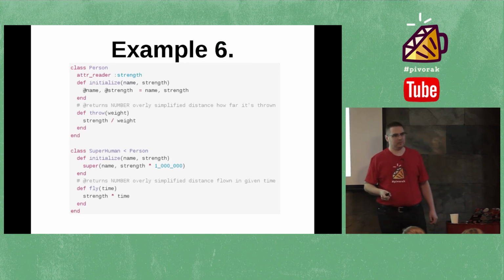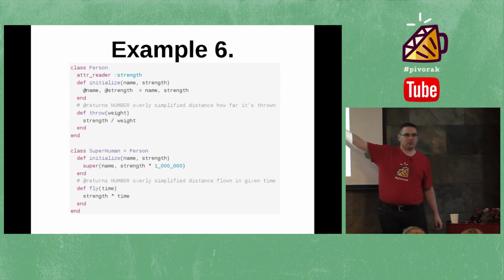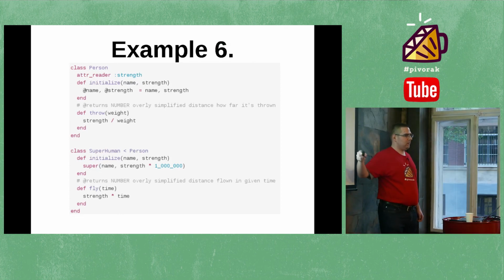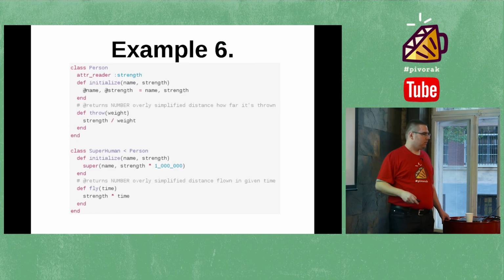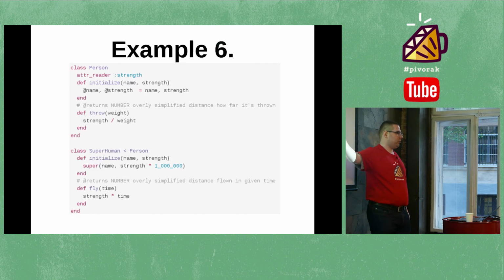We can't substitute superhuman with person because it breaks the fly method. You can, if you define fly on the superhuman. It works the reverse way. It will always be a person. So if you have a superhuman and you know it's a superhuman, that person will be flying. But if you are expecting a person, you can put a superhuman in there. It will be just fine.